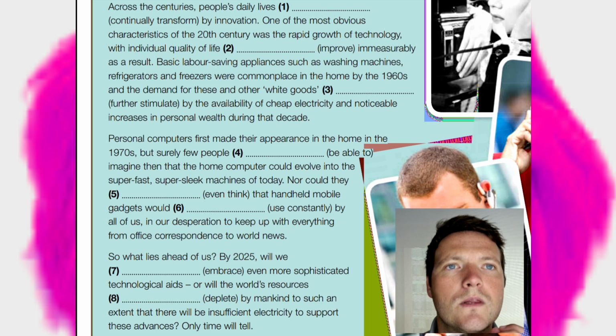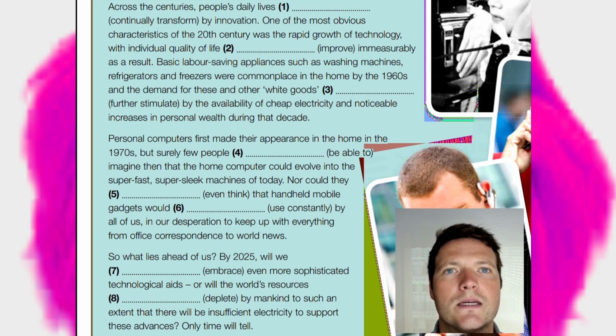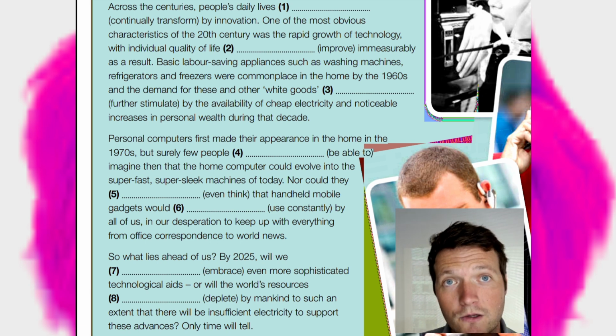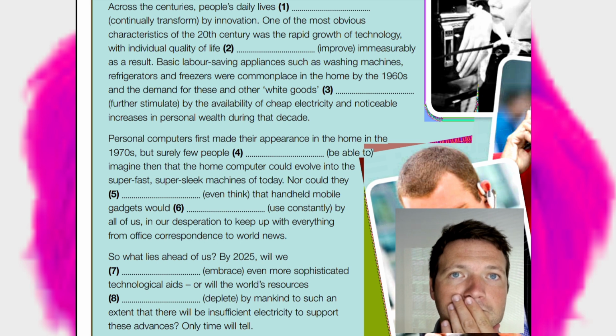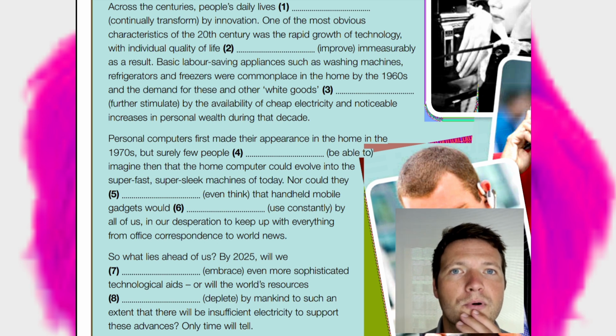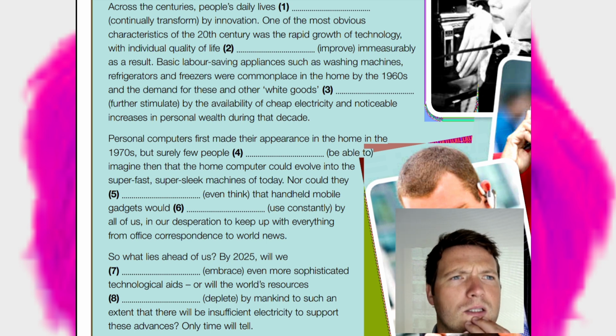Okay. One of the most obvious characteristics of the 20th century was the rapid growth of technology, with individual quality of life improve immeasurably as a result. Yeah, I think there's lots of options.